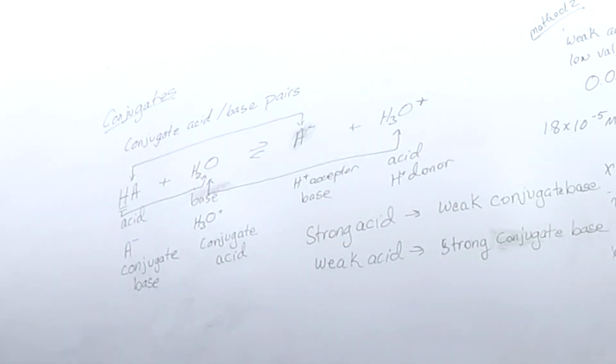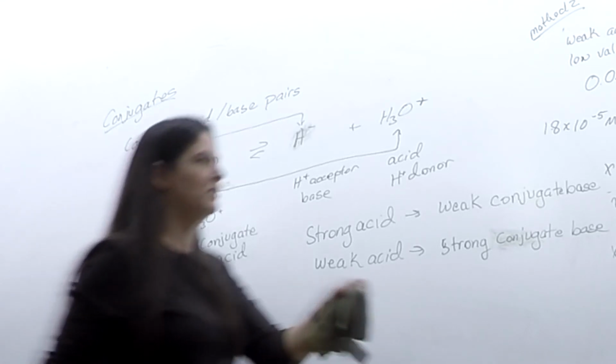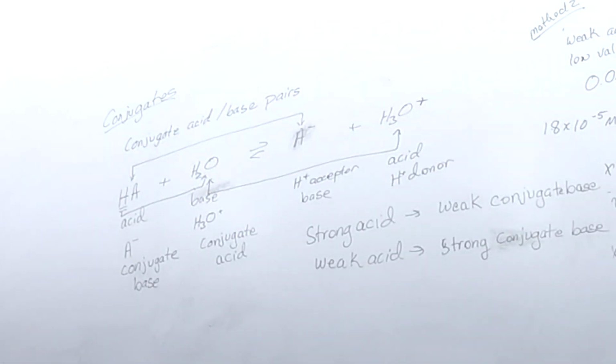You don't have to memorize those ones. You don't have to memorize strong conjugate acids. There's no list of those, just memorize strong acids, because this does not actually form a strong base. It's a strong conjugate base. It's a little different.